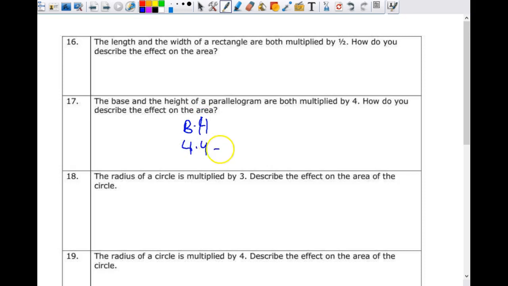So we know that the scale factor is just 16. So it's actually one less step to these problems. The new area is going to be 16 times larger. If asked to describe the effect, you have to write 16 times larger.